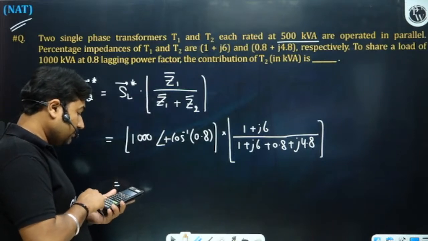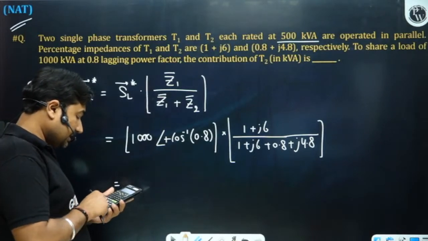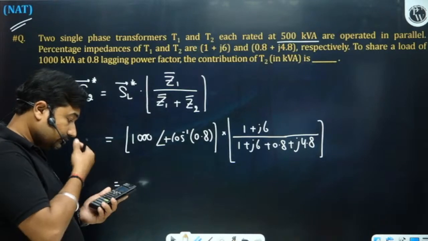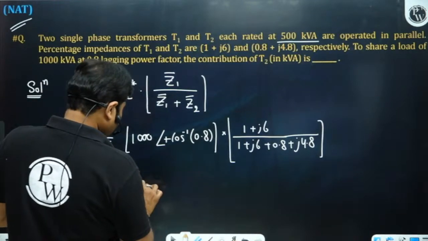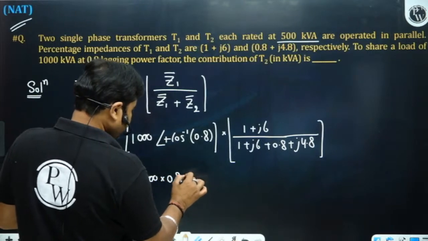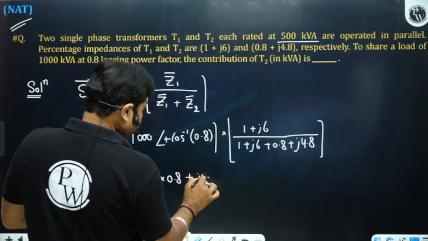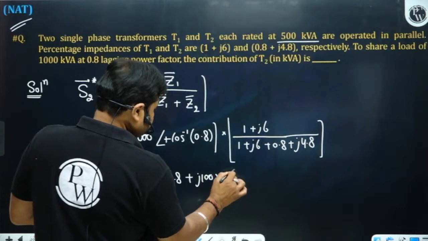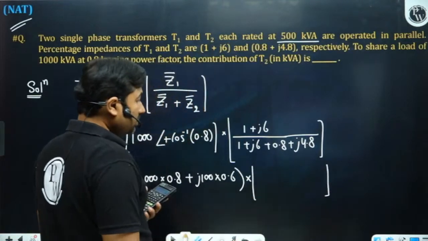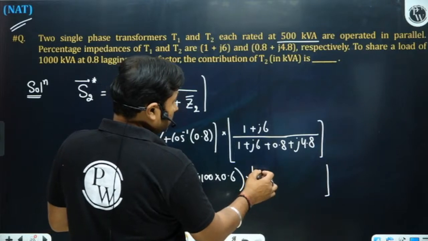Basically, the load will become 1000 into 0.8 plus j1000 into 0.6. Now you can calculate this one also.